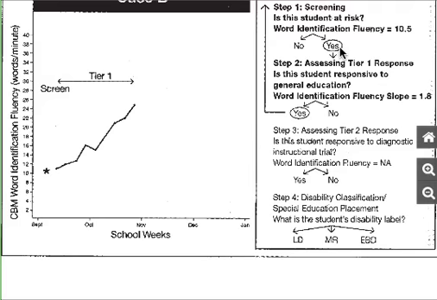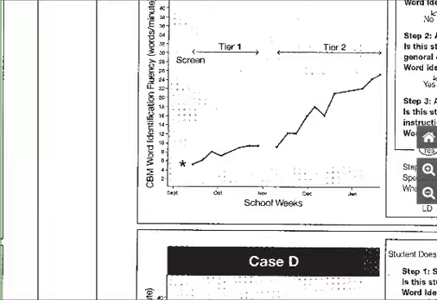Let's say, however, that student does show up at risk in screening. In that case, there's more frequent monitoring within Tier 1, or within the primary prevention level. If that student responds, then they remain in Tier 1 because it's successful for them.